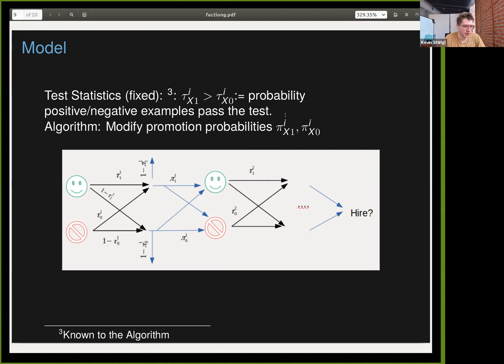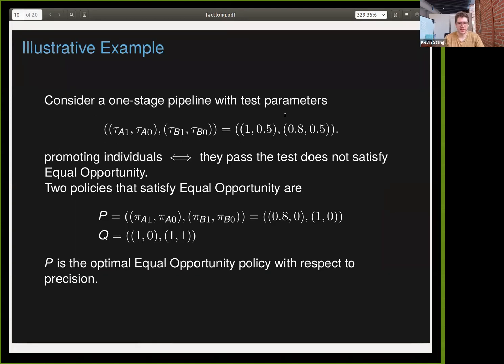Right. So let's consider an illustrative one-stage pipeline with some test parameters. Just looking at the first line, tau A1 is the probability a positive from group A passes the test, and tau A0 is the probability a negative from group A passes the test. In this test, all positives pass and half of the negatives pass.